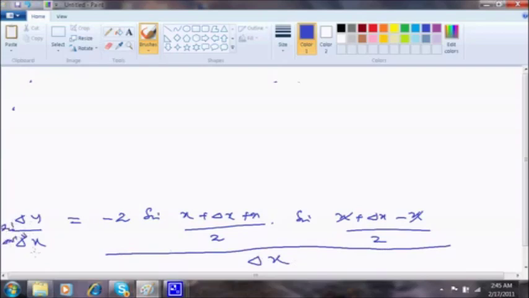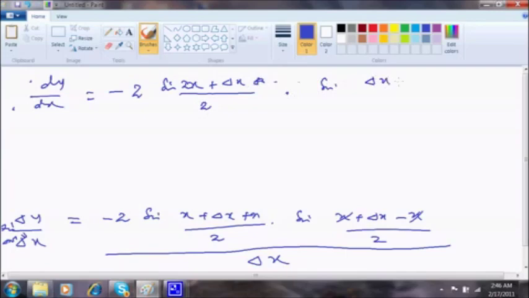So this guy becomes dy by dx. So this dy by dx is minus 2 sin of (x plus delta x plus x, which is basically 2x plus delta x) by 2 into sin delta x by 2. So this delta x is written down here as discussed. So limit is written here.